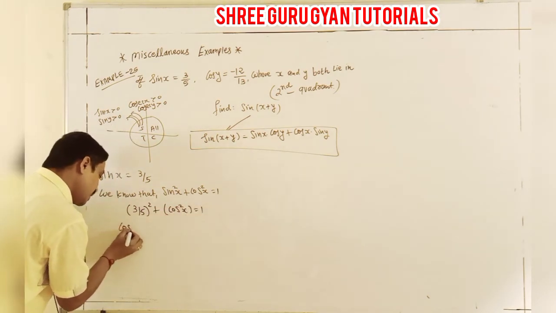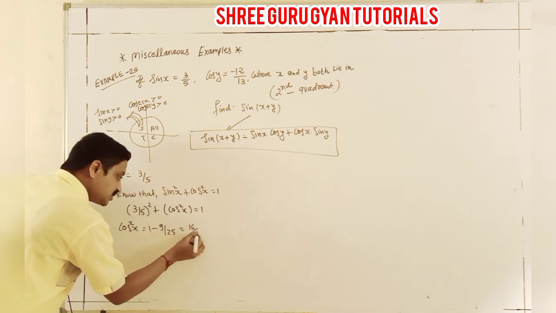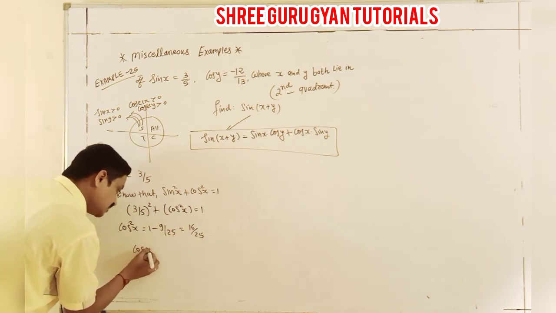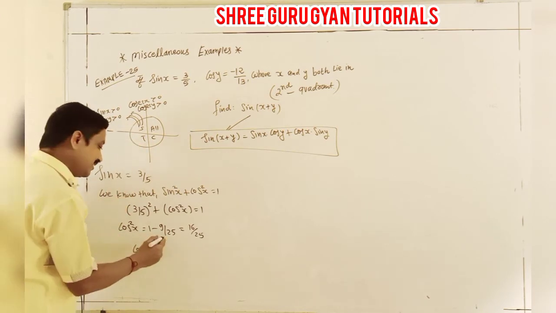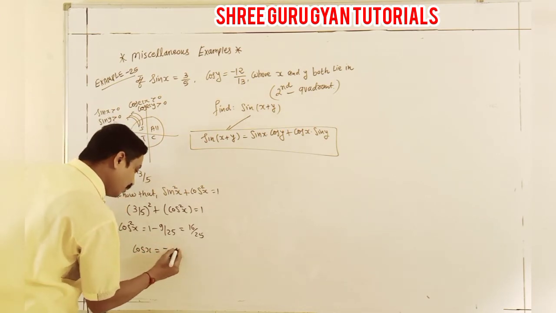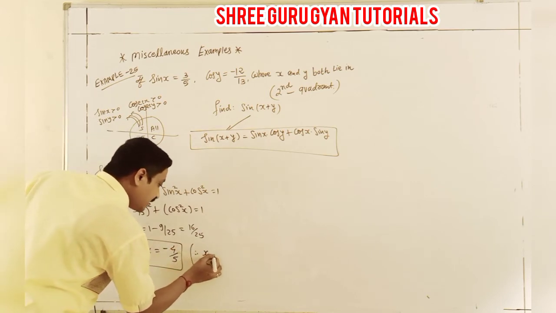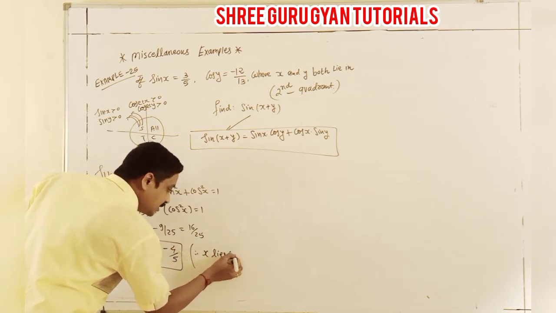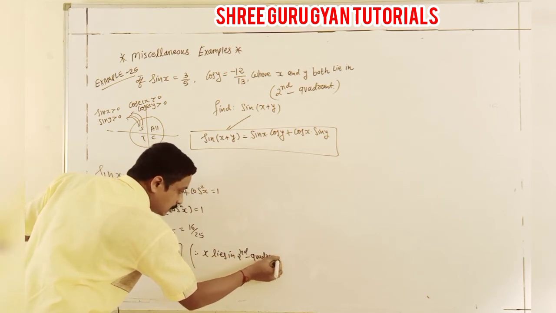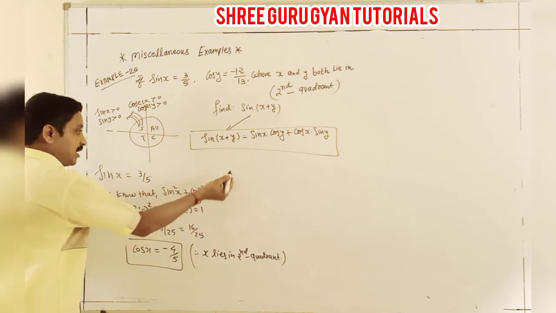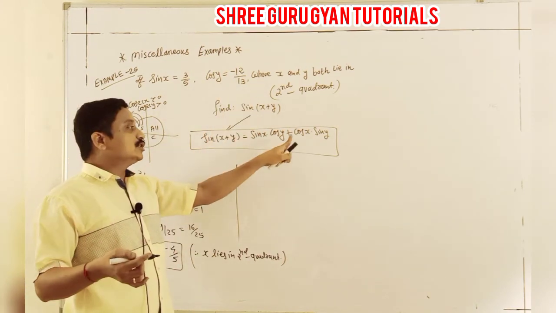So what is cos square x? 1 minus 9 by 25, which is 16 by 25. So cos x is in the second quadrant. Cos x is negative 4 by 5 because x lies in the second quadrant. That's our answer.